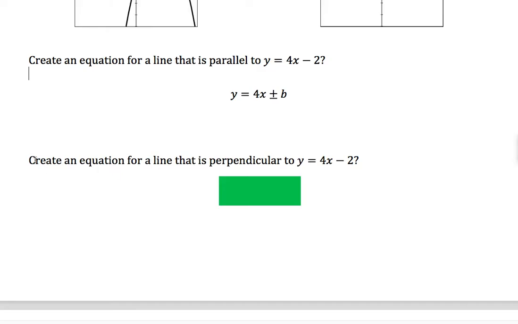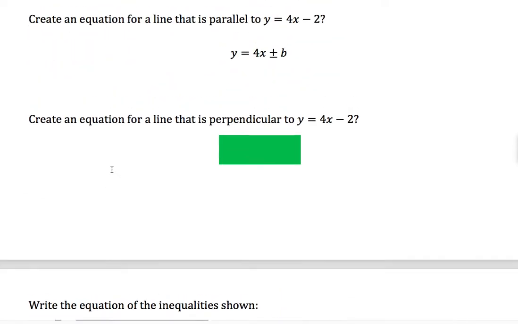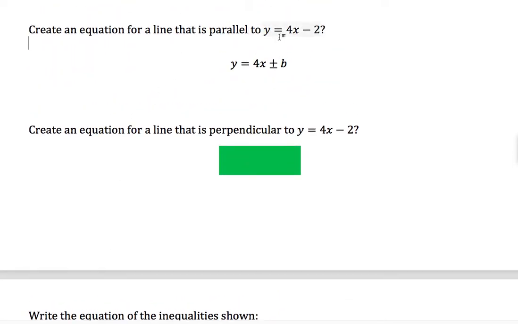All right. So the next question is create an equation of a line that is perpendicular. So for parallel lines, you have the same slope. For perpendicular lines, you have a reciprocal slope or opposite reciprocal sometimes. And so what you'll need to do is, again, your y-intercepts, we don't care about the y-intercept.